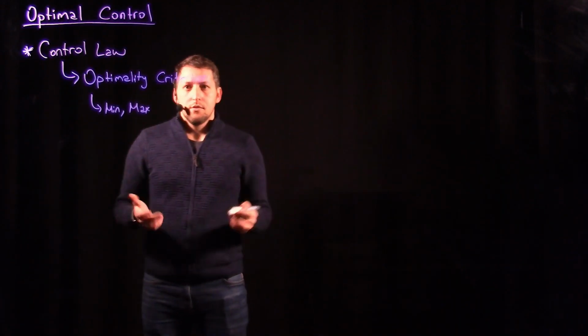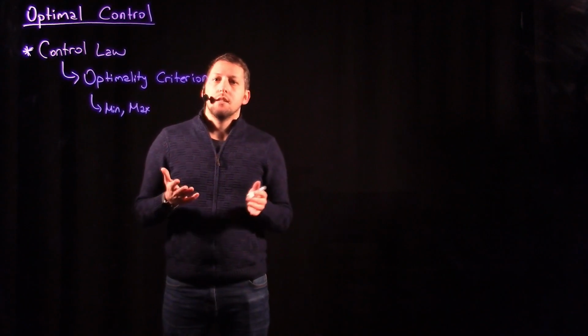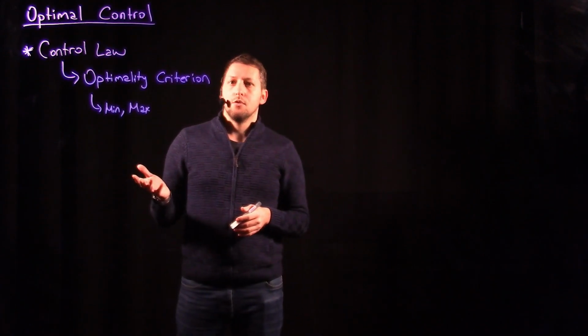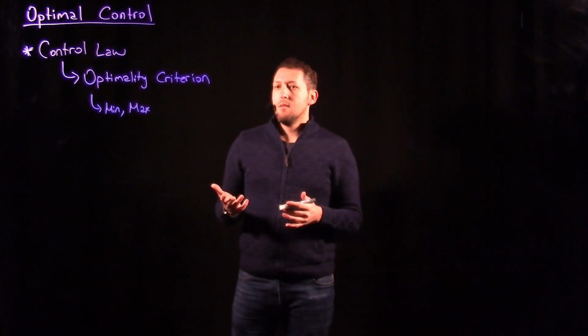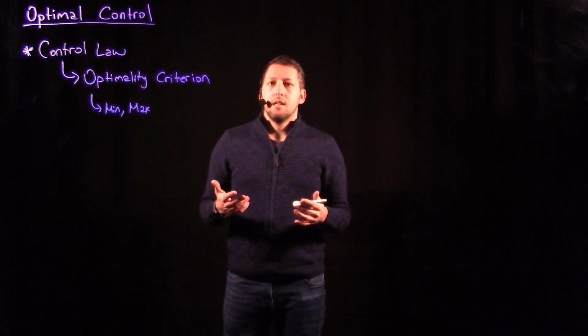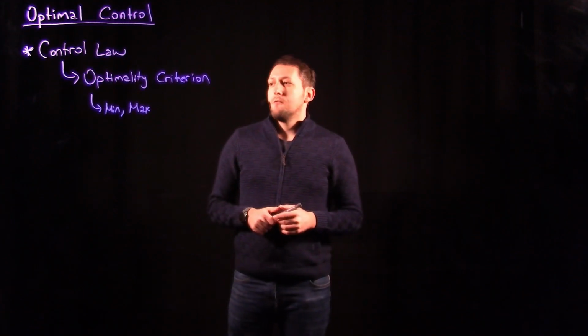In various fields of engineering, we have several problems that fit into the scope of optimal control. I'm going to give you a motivational example to get a better understanding of the problems that we may face in this field.